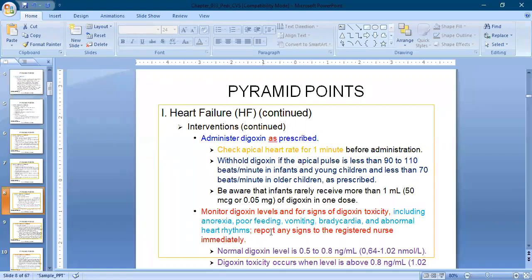If we get any sign or symptom of digoxin toxicity, we have to notify the healthcare provider or the registered RN.